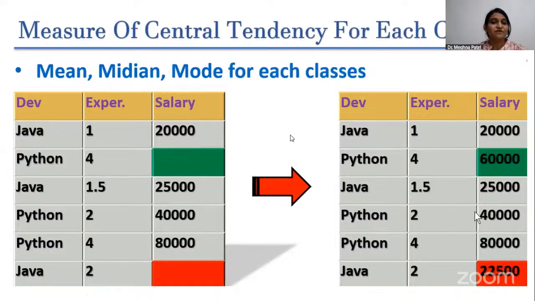Then mean, median, mode for each class. You can take the mean of the Java class and fill the data. Sorry, for Python, take the average of the Python class and fill the data. If there is any Java missing value, then take the average of Java and fill with the mean. So take the mean, median, mode for each class.